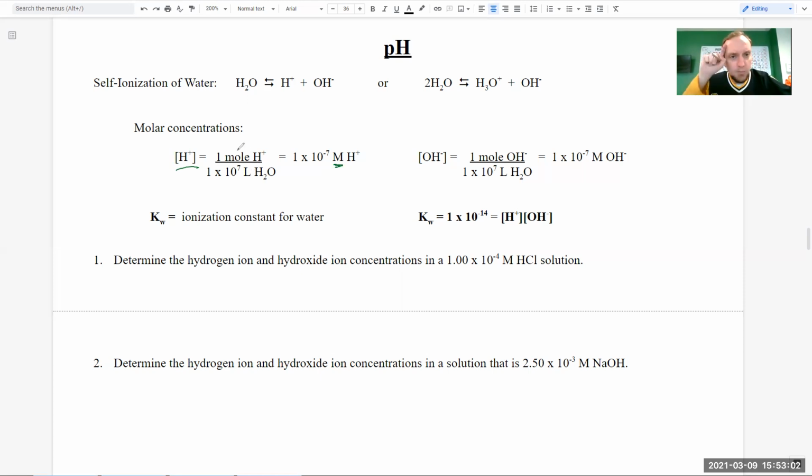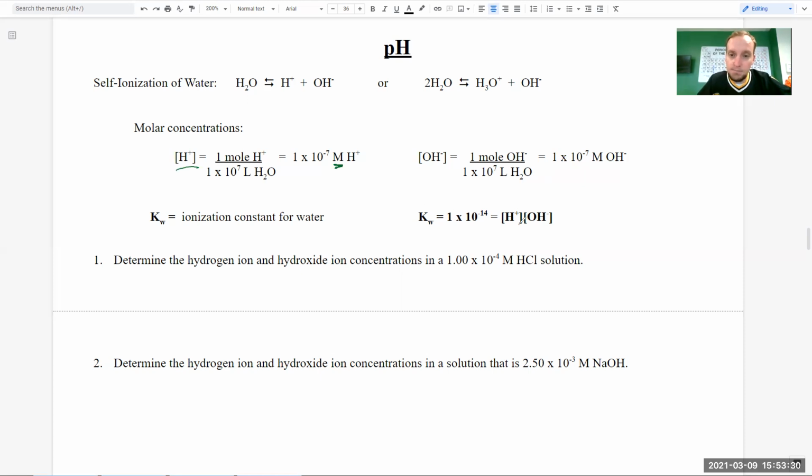So if we have 1 mole of H plus ions in exactly 1 times 10 to the 7 liters, then what we end up with is a molarity of 1 times 10 to the negative 7 H plus ions. Same thing over here. If I have a concentration of OH minus, which is 1 mole of OH minus over 1 times 10 to the 7th liters of water, what we end up with is 1 times 10 to the negative 7 molar of hydroxide.